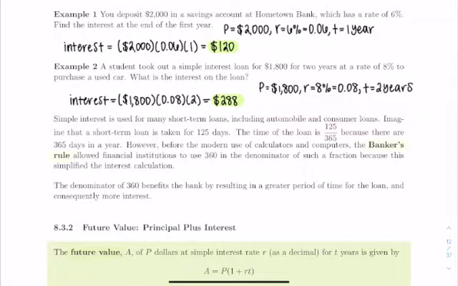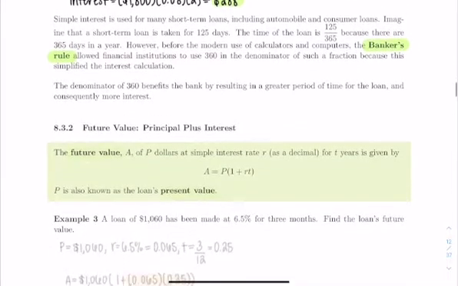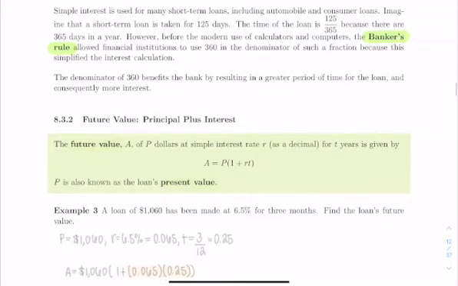However, before the modern use of calculators and computers, the banker's rule allowed financial institutions to use 360 in the denominator of such a fraction because this simplified the interest calculation. The denominator of 360 benefits the bank by resulting in a greater period of time for the loan and consequently more interest.